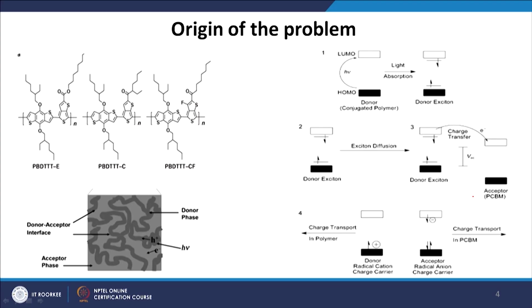Now, what is the origin of this problem? We have already discussed it a little bit. Again, go back to our favorite formula of the efficiency. We know that the efficiency of any solar cell depends upon 4 factors, right. One is the exciton generation, that means how good is my material. Second is the exciton dissociation.